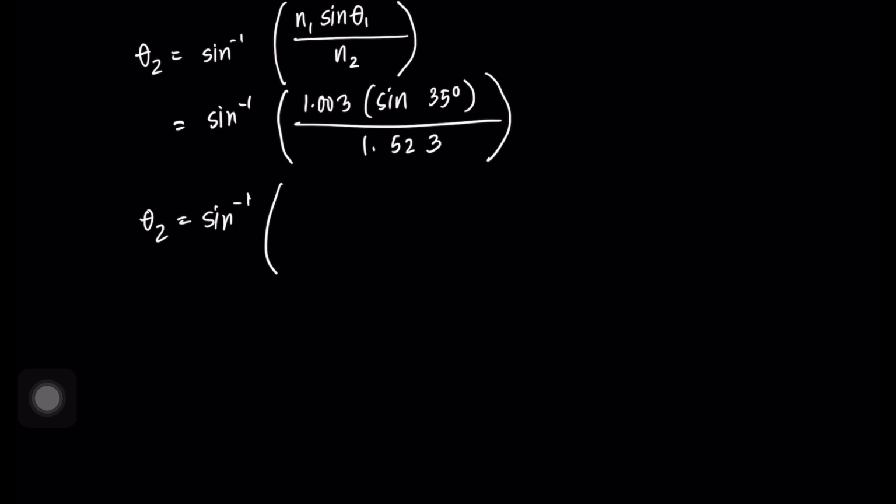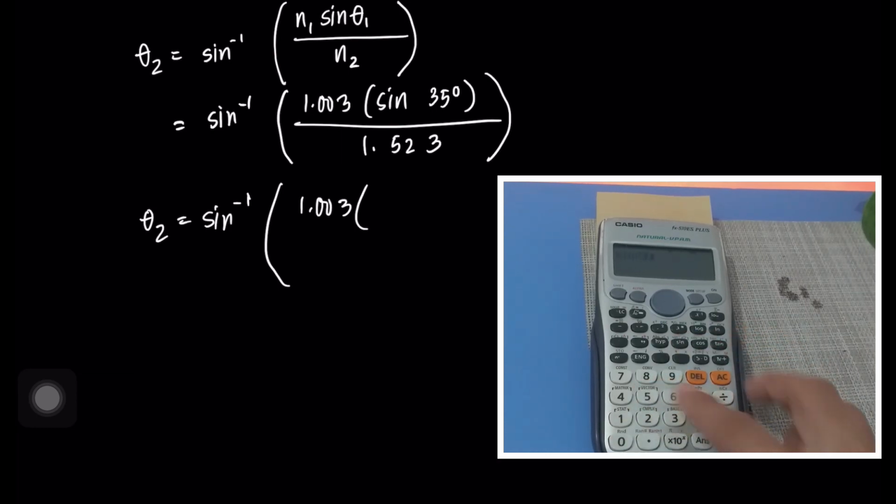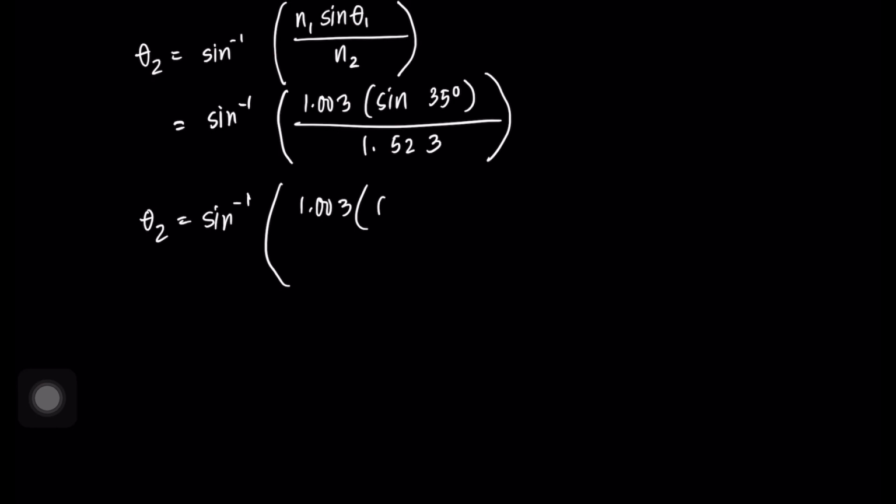Next, let us manipulate the formula. So, let us get the value of sine 35 first. In the calculator, you simply click sine and then 35, and then you hit equals. And then you write all of the figures that you can see in your calculator. So that would be equal to 0.573576436 and then degrees.